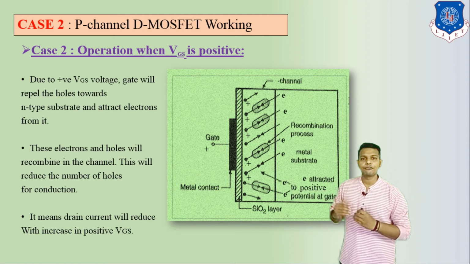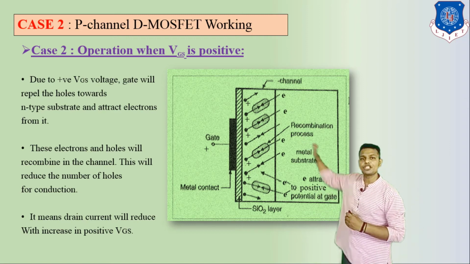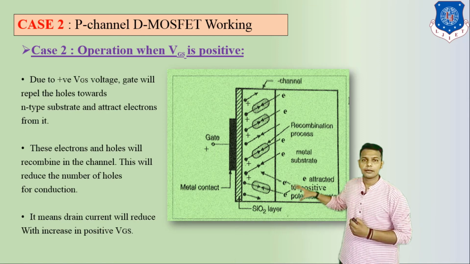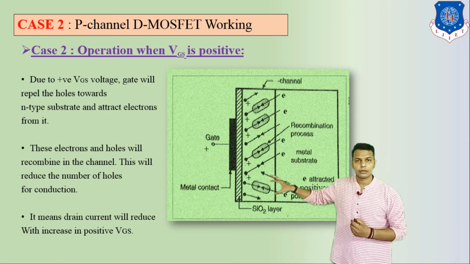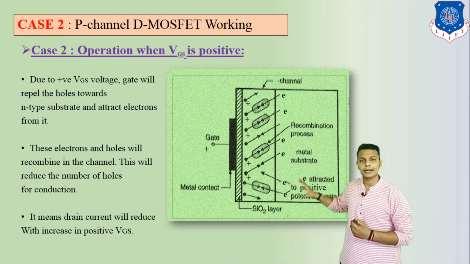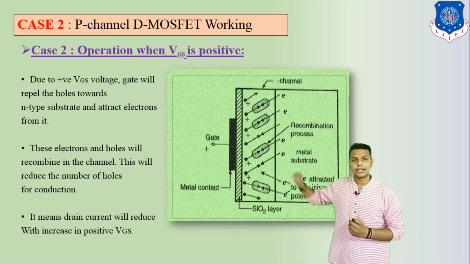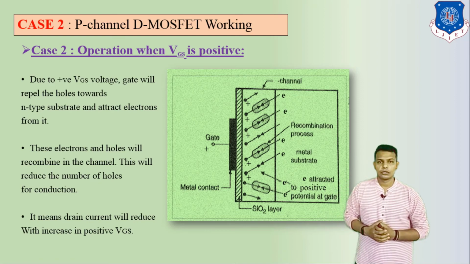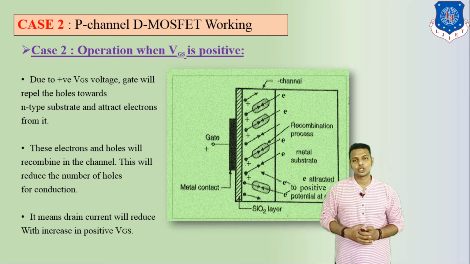That means if we apply more and more VGS on the positive side, more holes join with electrons and become electron hole pairs. So this is case number 2.